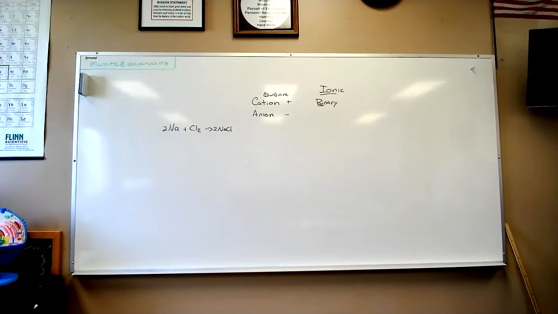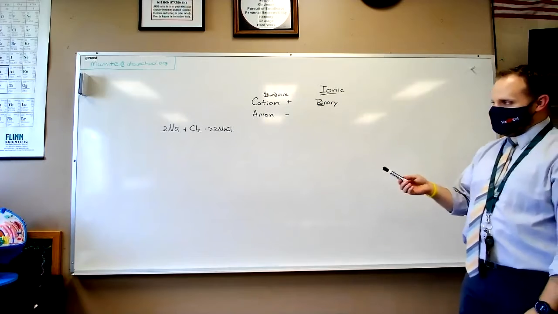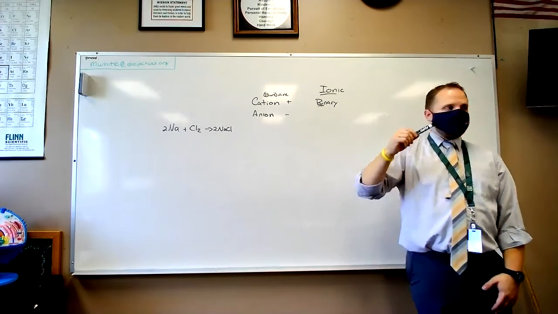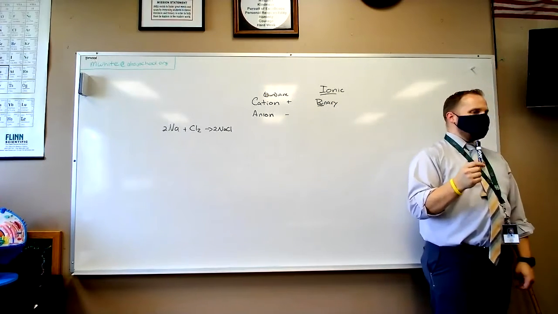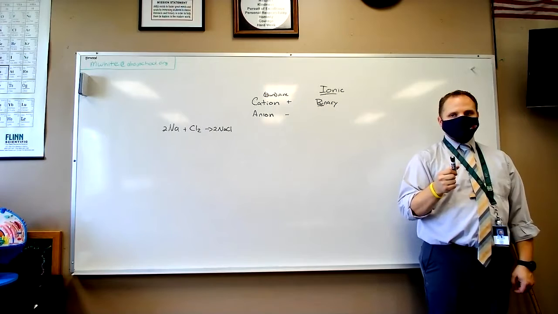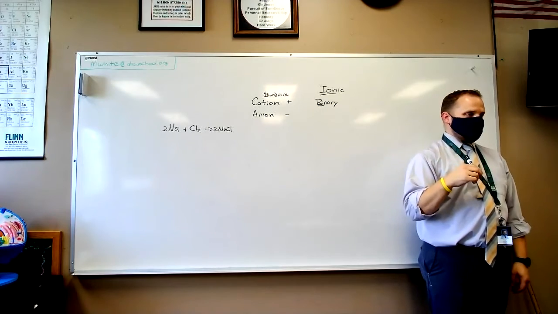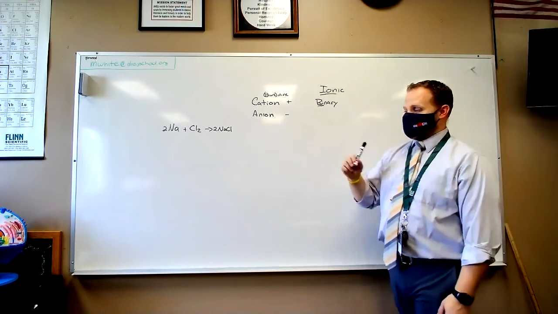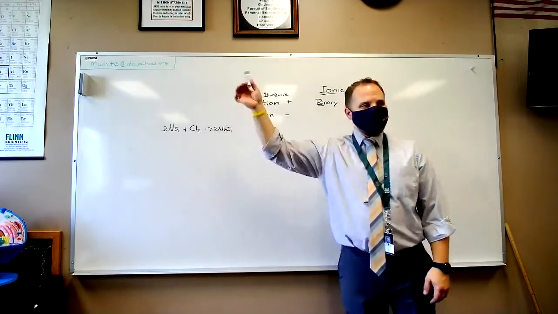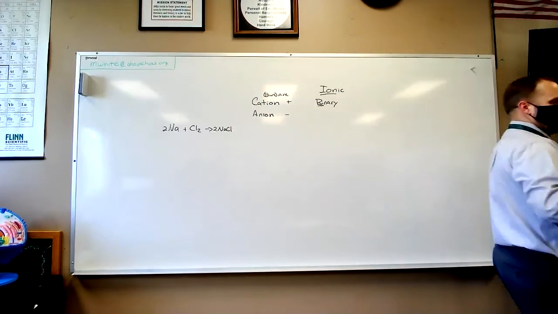So what's actually happening? Remember, chlorine has 7 valence electrons. It wants 8. Well, sodium, remember, it has that extra one that it doesn't really want.